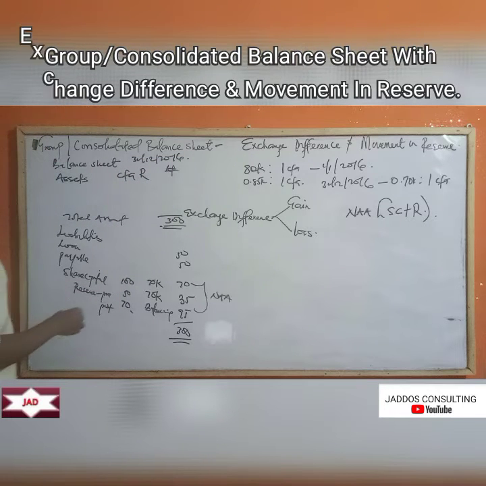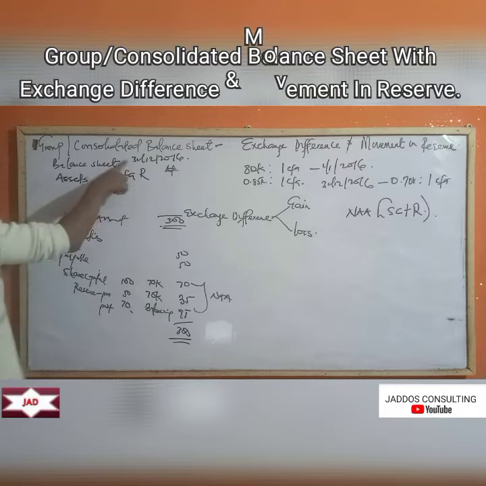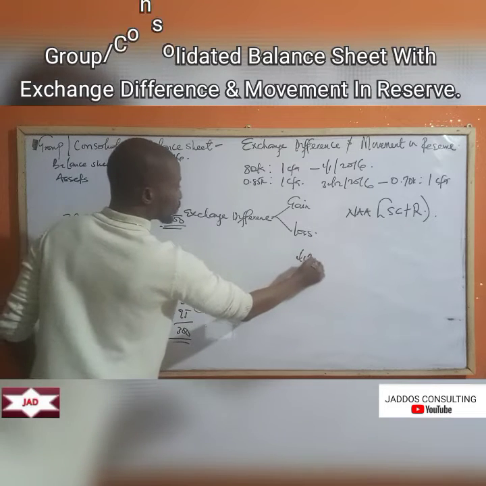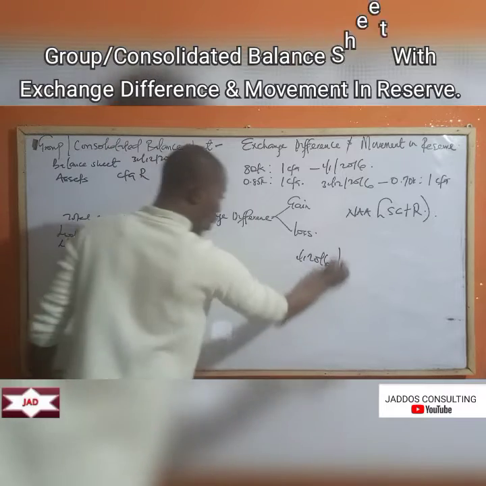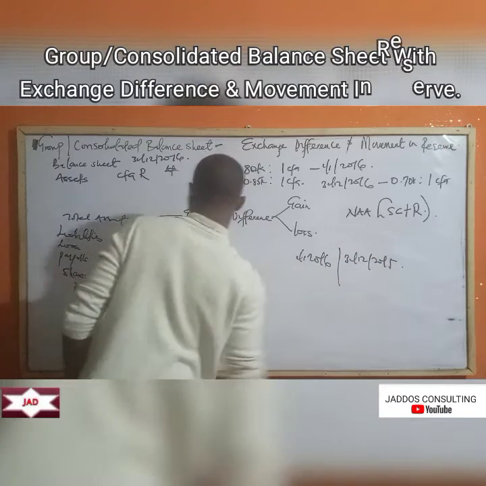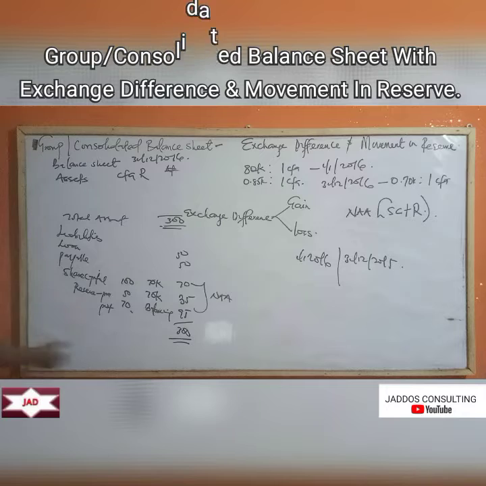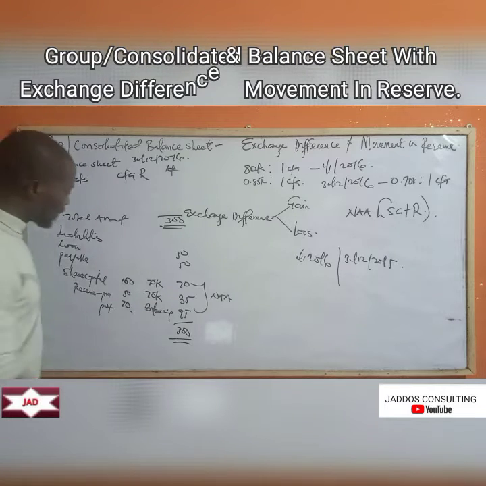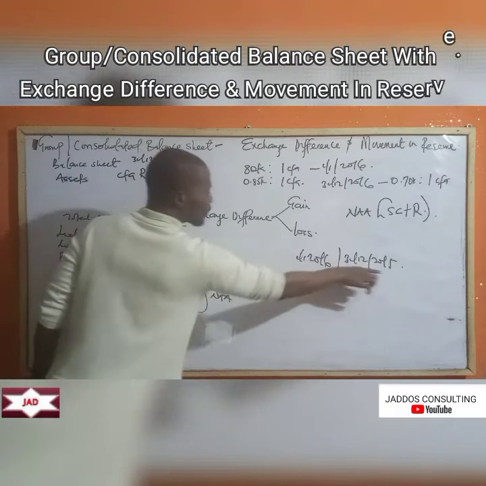Now remember, there is a rate ruling at the beginning of this period, which is 1st January 2016 or 31st December 2015. Now this net asset acquired, you want to know what is the rate of this net asset acquired at the beginning of the period.